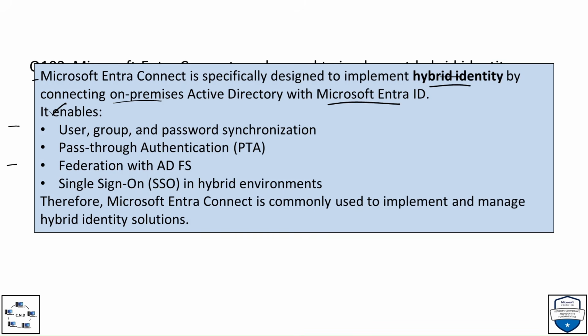It enables user, group, and password synchronization, pass-through authentication, that is PTA, federation with ADFS, and single sign-on, SSO, in hybrid environments. Therefore, Microsoft Entra Connect is commonly used to implement and manage hybrid identity solutions.